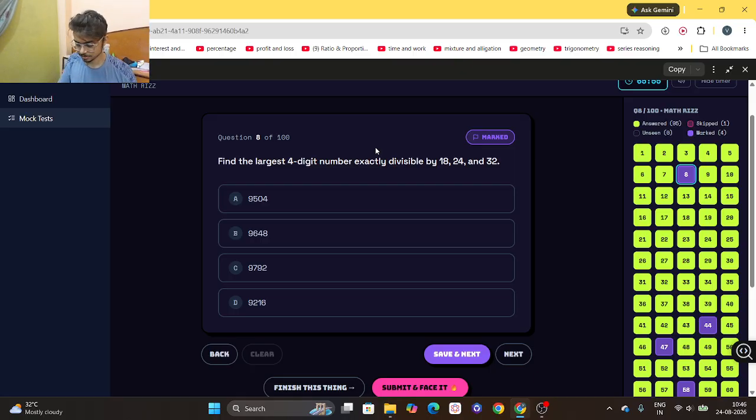288 is the LCM. Now we just have to find which option is divisible by 288 and is also the largest.